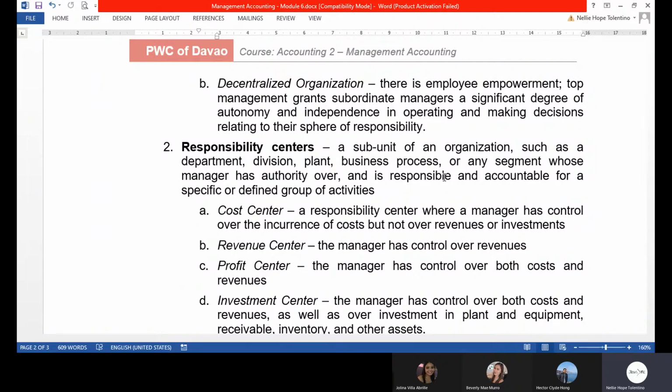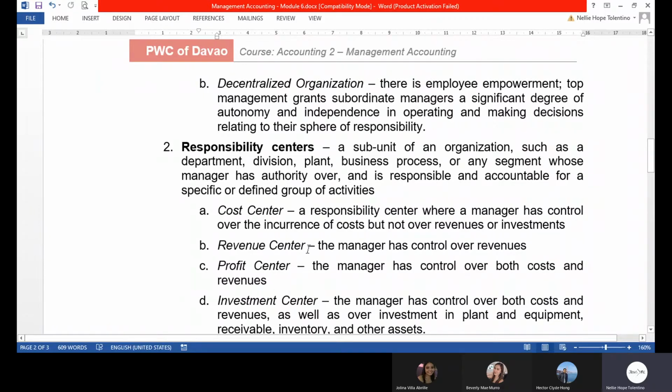So, depende kung magkano yung sales na ma-generate niya, magkano yung expenses na mai-incur ng Davao branch, the manager has control over it. So, profit center, maituturing yung isang branch mismo. Because a responsibility center, hindi lang naman siya pwedeng department lang or division lang or plant lang. Pwede rin maging branch mismo.